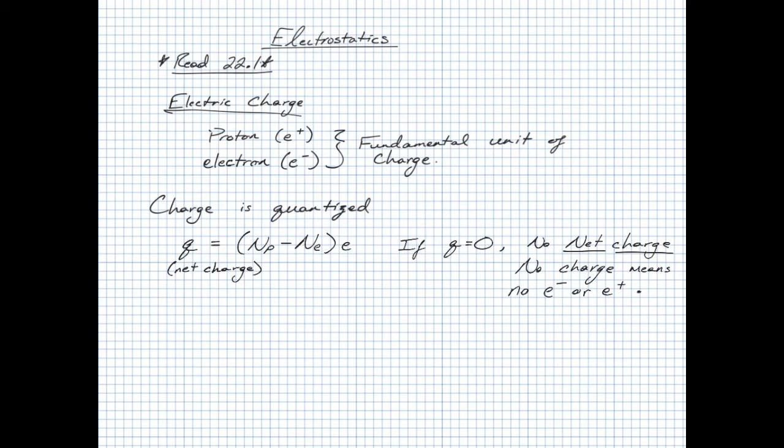Now the question is, how do we get charges? How do we get them to build up on an object and give us a net charge? In order to acquire charge, there are a few processes for doing this. But first we need to understand exactly what it is that's moving in terms of charges.